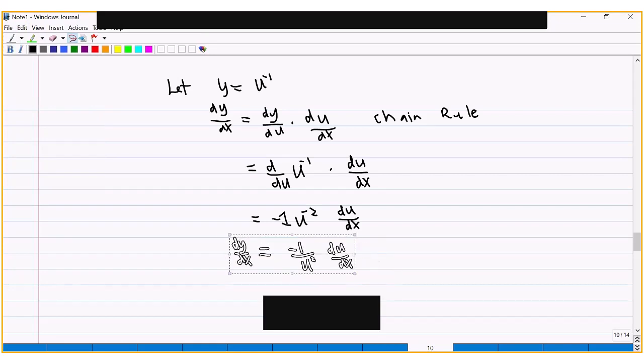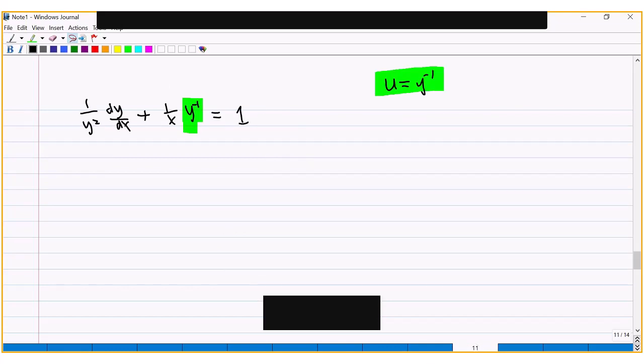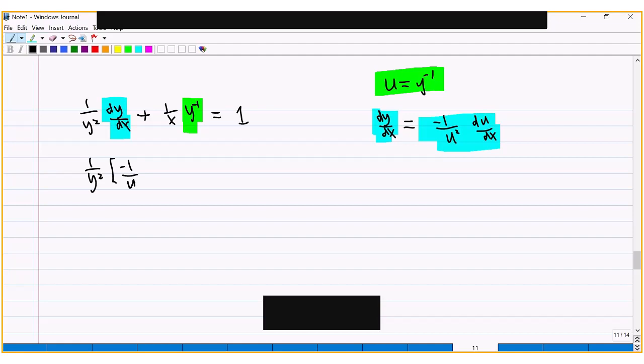Copy this one to here. Eventually you don't want any y. Let's change the color here, this blue one. So dy/dx is changed now: 1 over y squared, minus 1 over u squared du/dx.